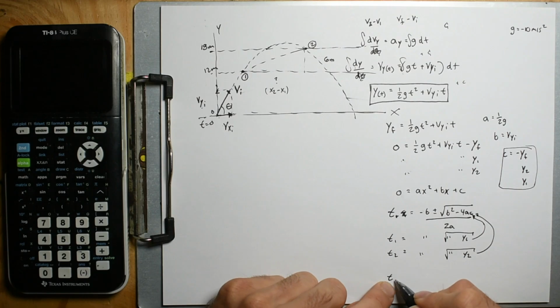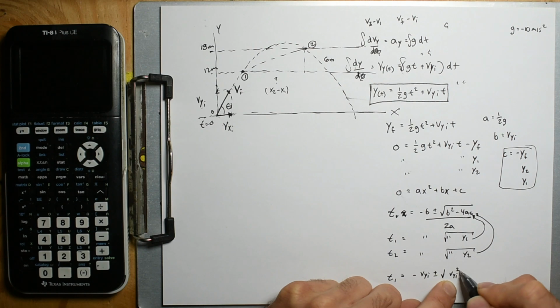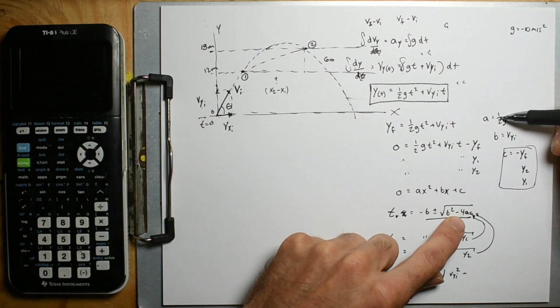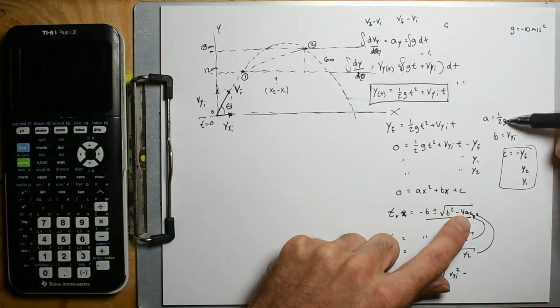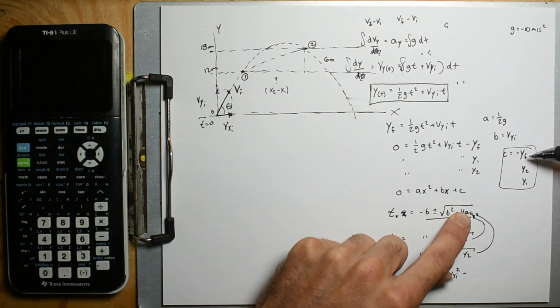Let's write t1 is equal to negative vyi plus or minus the square root of vyi squared minus, now 4a, this is half, so that's 2g, so I have negative 2g so far, and then multiplied by c, which is negative y.